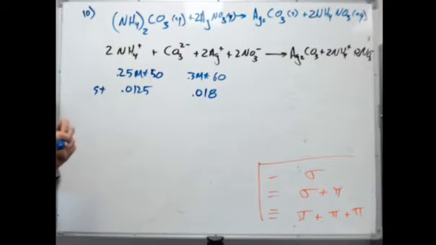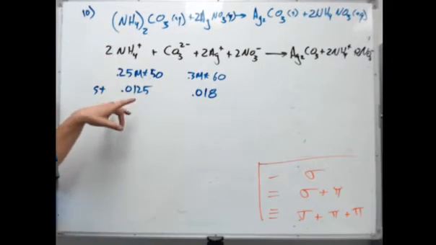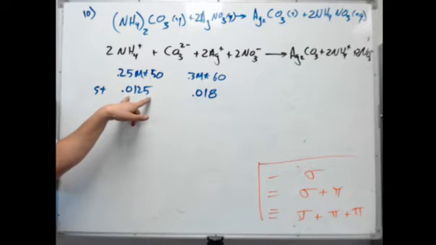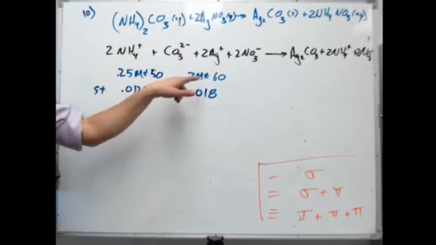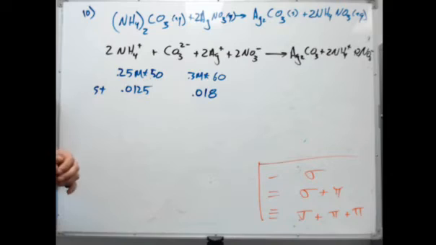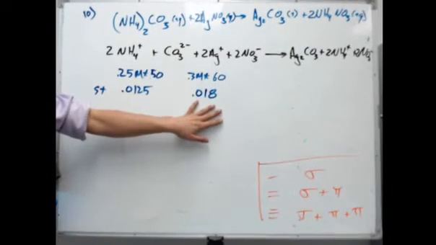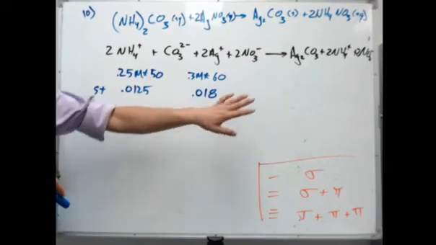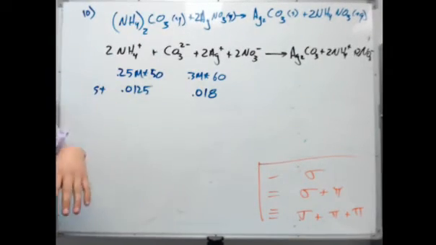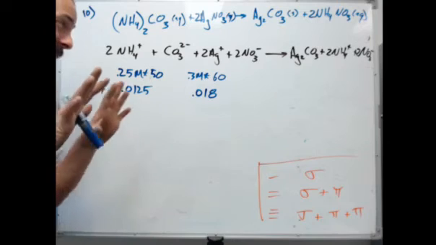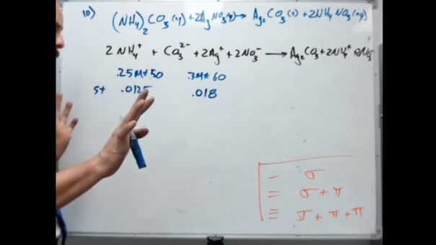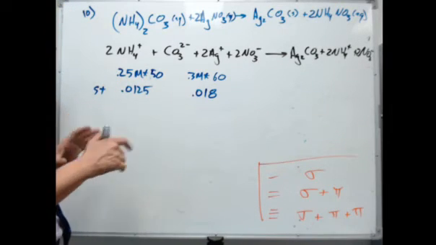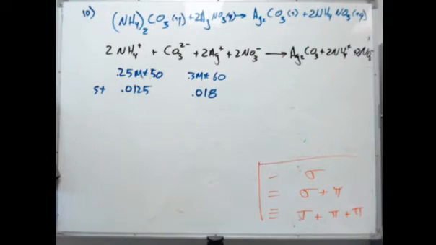Now, at this point, I can say when the NH4 breaks up, I'm going to have 0.0125 moles of it in a total volume of 110 milliliters. And when the AgNO3 breaks up, I'm going to have 0.018 moles of nitrate. And those aren't going to change. They're just going to carry through, right? But I'm going to do it the stoichiometry way, and we're going to see how it works out. So when we look at this, which one's limiting?